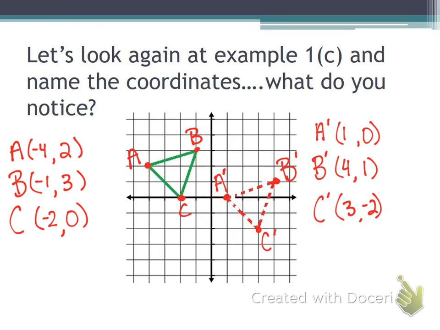In my opinion, it's easiest to see a relationship between the y coordinates and the new y coordinates. You want to focus on that first? What happened to my y coordinate every time? We subtracted 2 from it every time. See, 2 minus 2 gives us 0, 3 minus 2 gives us 1, 0 minus 2 gives us negative 2. What happened to the x coordinate every time?